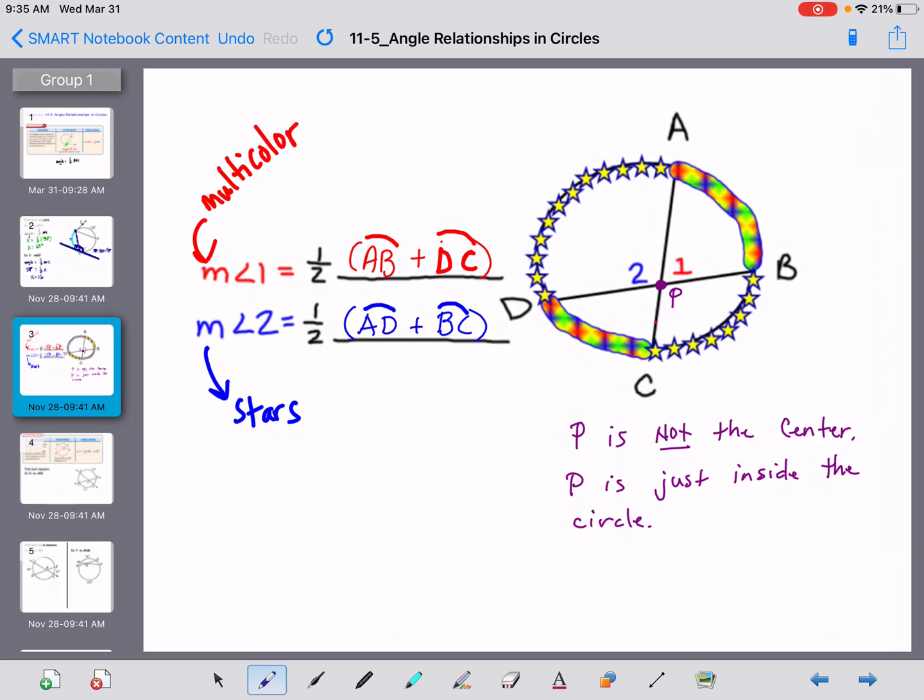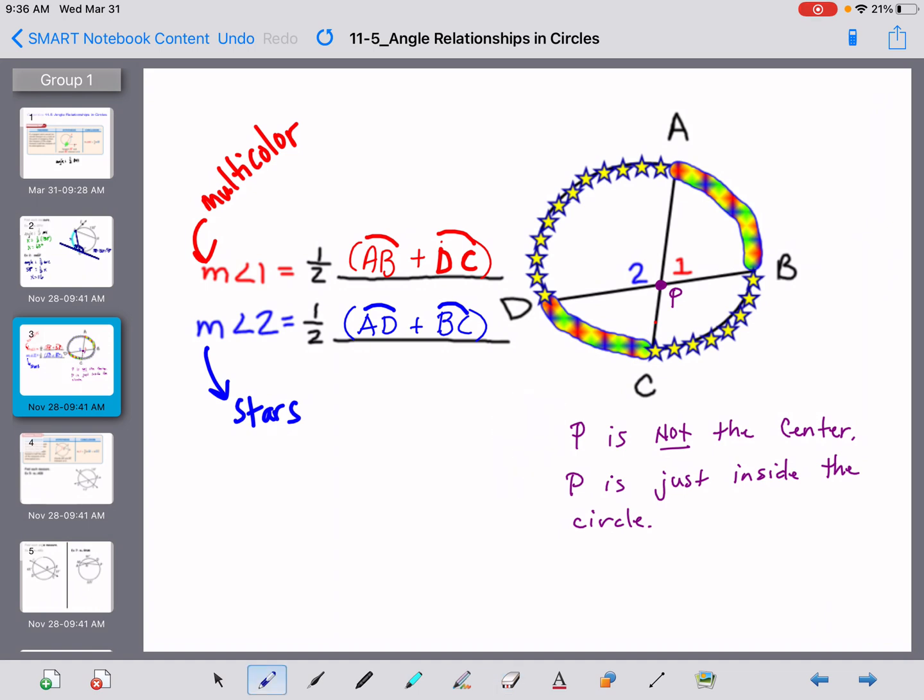These angles are actually inside the circle, and P, this is super important, P is not the center. It's just somewhere inside the circle. If P were the center of the circle, then we know that this formula would not work. But these are just points inside the circle somewhere.